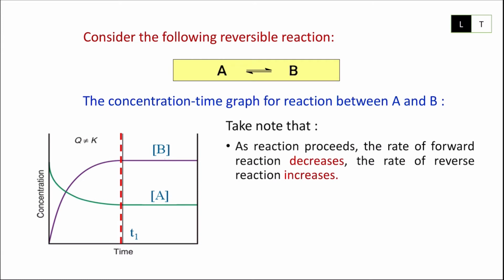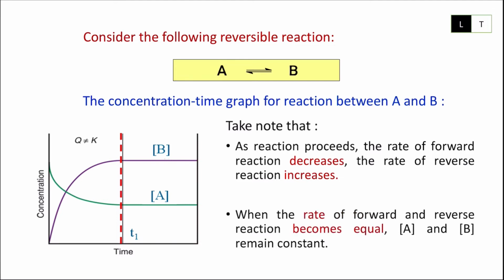Rate of forward reaction decreases kerana reactant kita akan makin berkurang. Tapi rate of reverse reaction di mana produk kita akan makin bertambah by the end of the reaction. So, dia akan keep going until when the rate of forward and reverse reaction becomes equal, concentration A and concentration B remain constant.